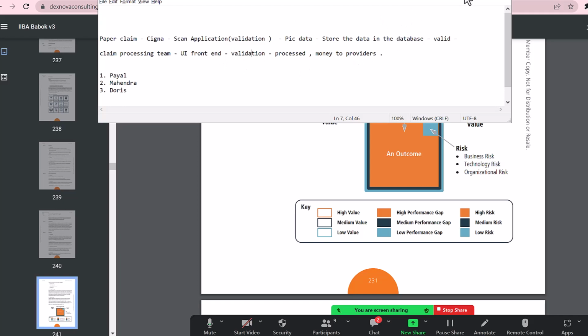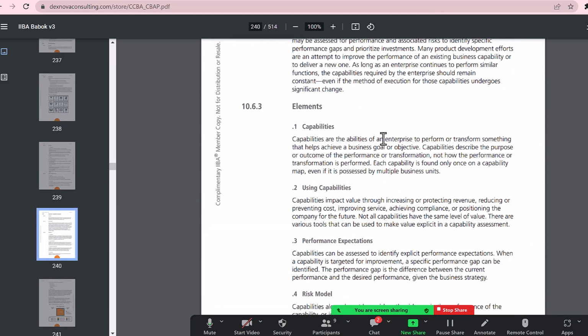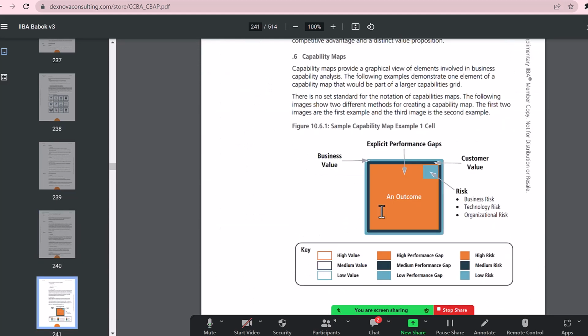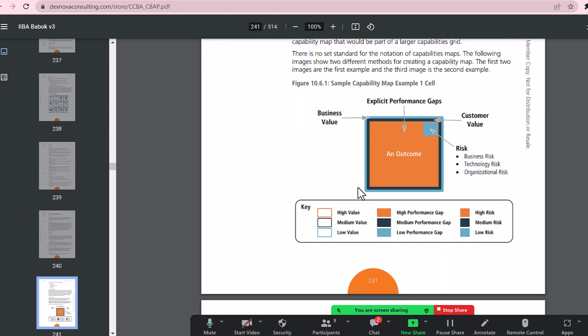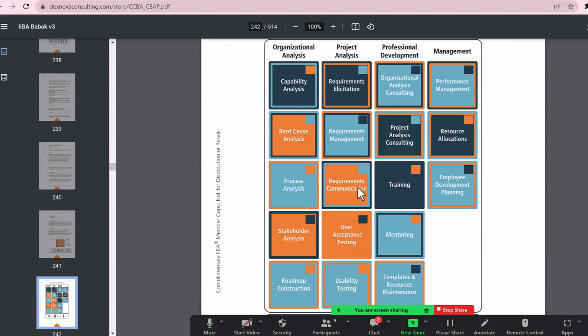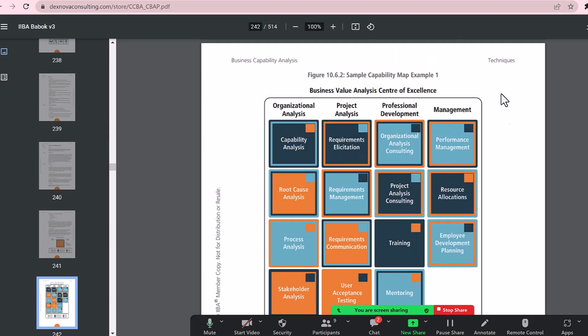Okay, so very, very important is this business capability analysis. For any kind of requirement, what is high risk, medium risk, and low risk? It's a very, very important technique, and they have given a diagram here.